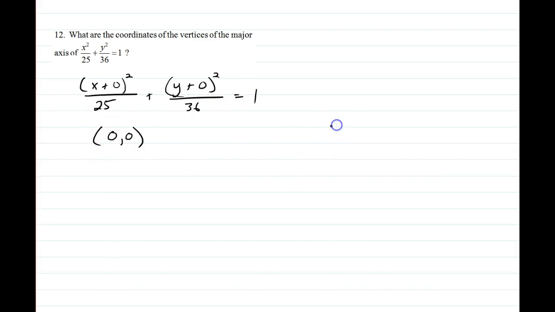And so if you were to do this on the graph, we start with our center at 0, 0. And then underneath the x, we have 25. And so we square root that 25, we get 5. So since it's under the x, we go 5 to the right. So 1, 2, 3, 4, 5. 5 to the left.